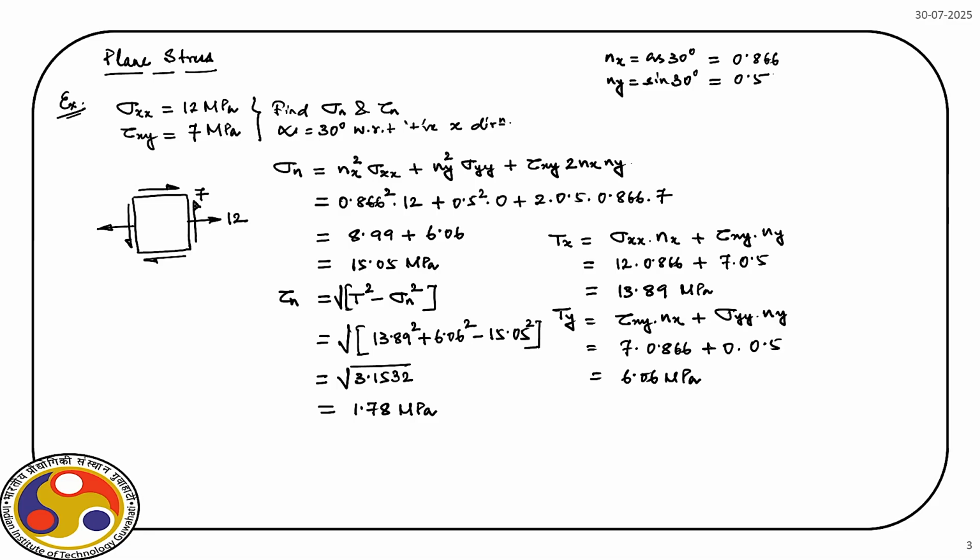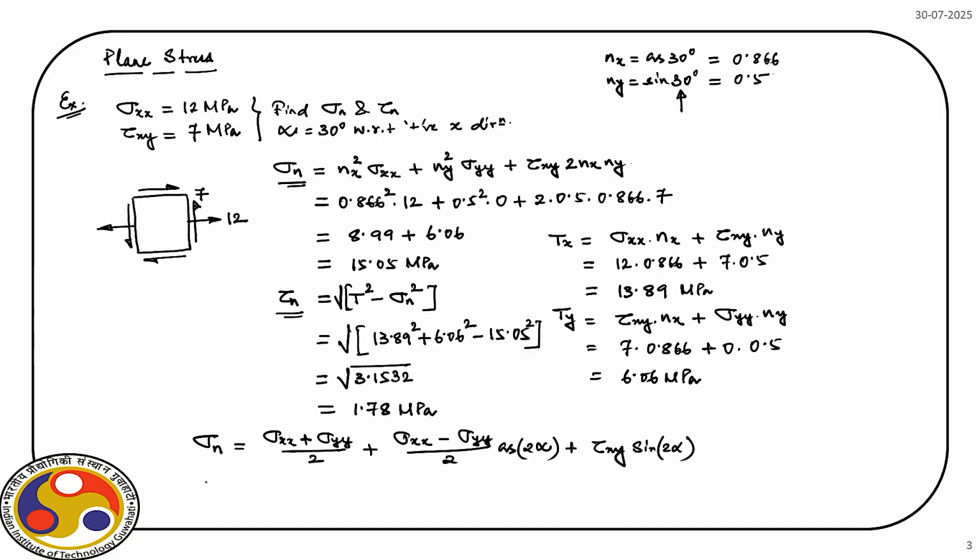Okay. So, we have the normal stress and shear stress acting on a plane given by this angle alpha equal to 30 degree. Now, for a 2D problem, if you recall, we derived another expression: sigma n is equal to sigma xx plus sigma yy by 2 plus sigma xx minus sigma yy by 2 cos of twice alpha plus tau xy sin of twice alpha.